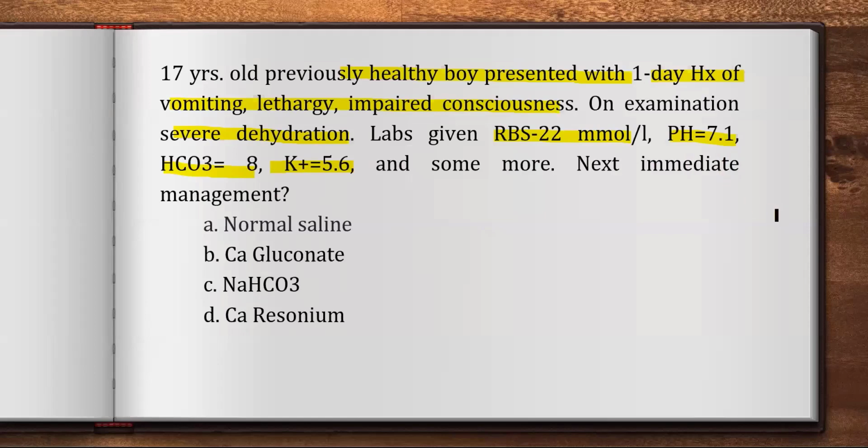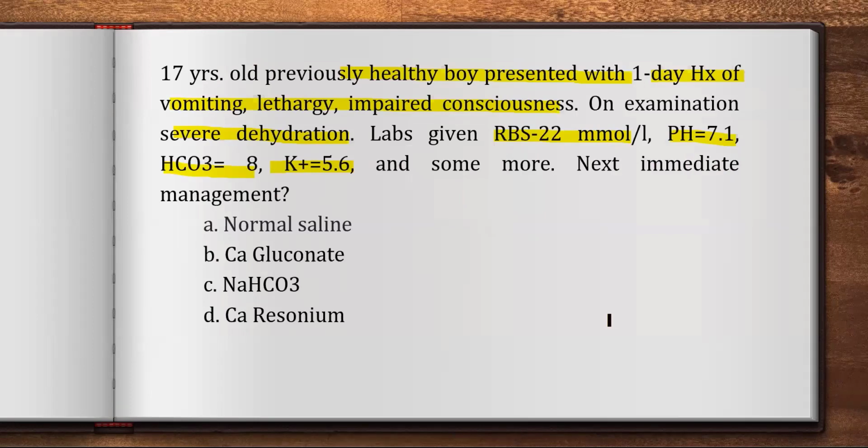So you've got a 17-year-old, what is the diagnosis? When RBS, random blood sugar, is 22, it's a DKA. Very good. So DKA, diabetic ketoacidosis, and also symptomatic: the patient is having vomiting, lethargy, impaired consciousness, and severe dehydration.